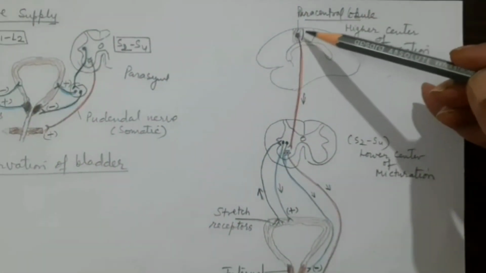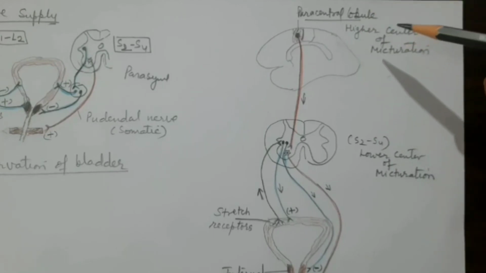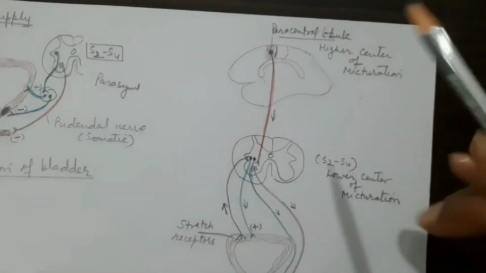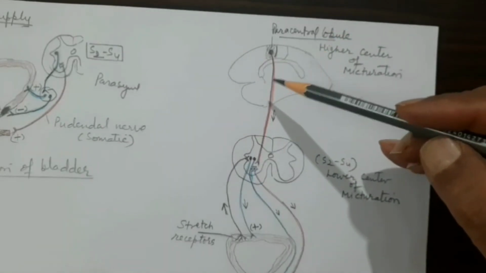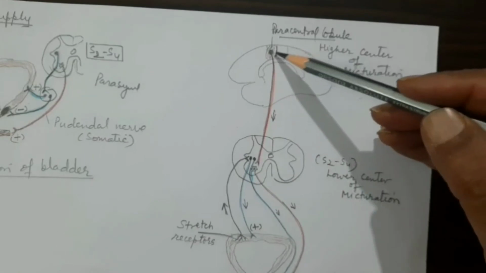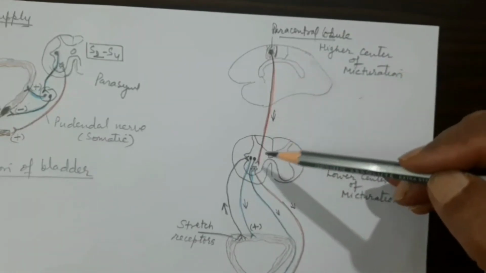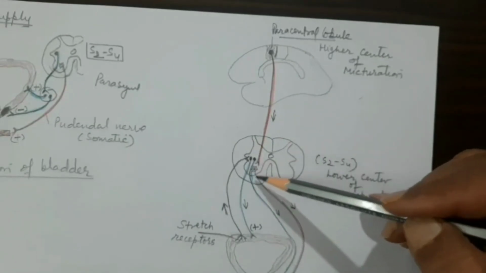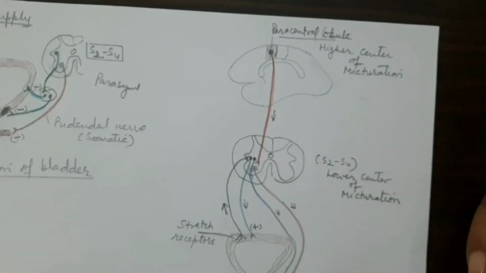The higher center for micturition, which is under your voluntary control, is located in the paracentral lobule on the medial surface of the cerebral hemisphere, and fibers from this higher center come to the S2 to S4 level, where the lower center of micturition is located.